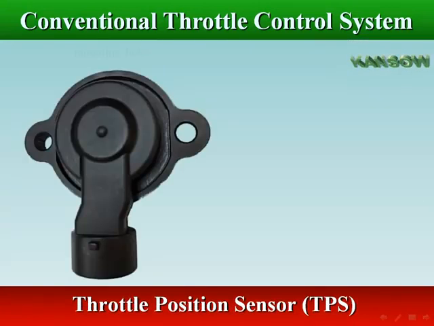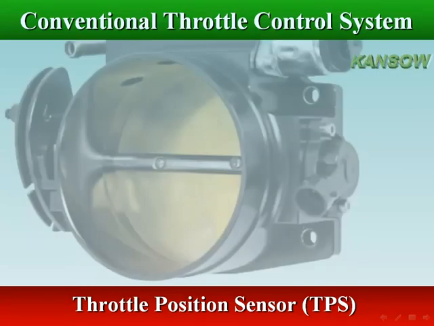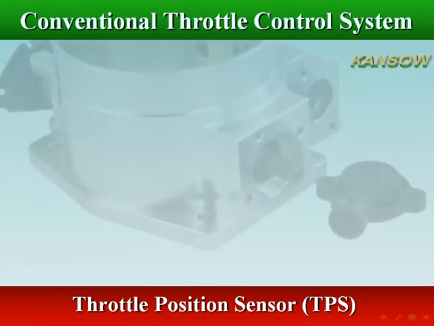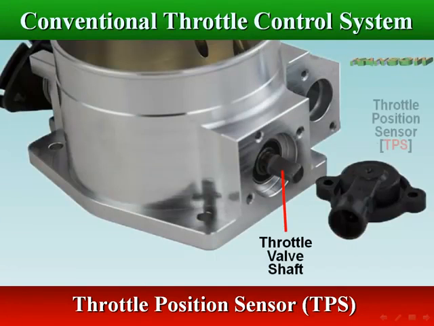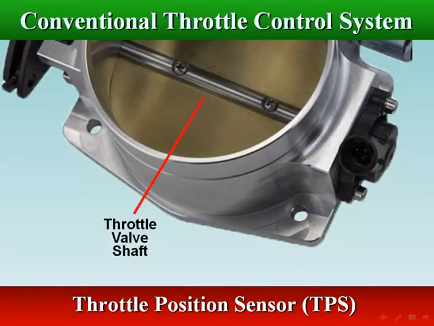A throttle position sensor, TPS, is a sensor used to monitor the throttle position of a vehicle. TPS is usually located on the butterfly shaft so that it can directly monitor the position of the throttle.